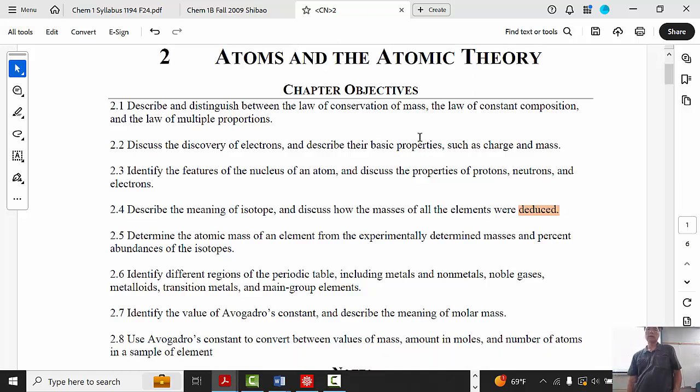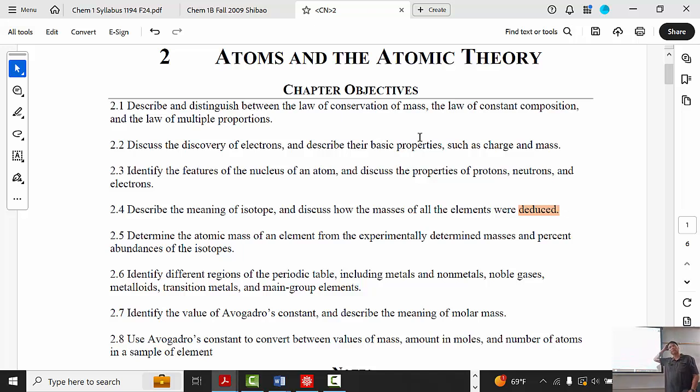These are from the website for the book, but these are chapter objectives here. Describe and distinguish between the law of conservation of mass, the law of constant composition, and the law of multiple proportions. Most laws come from where? Most laws come from theory, or most laws come from observations? Observations. 2 of these came from observation, 1 came from theory.